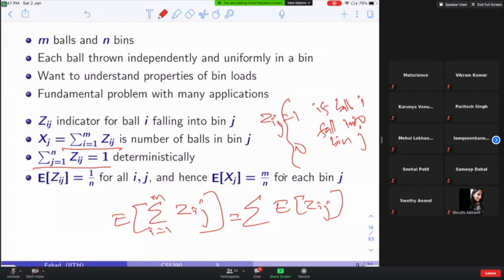How many Zij's are there? m of them, and for each of them the expectation is 1 by n. Hence what you get is m by n. So notice that if you throw n balls into n bins, then in expectation each bin will have a load of 1.